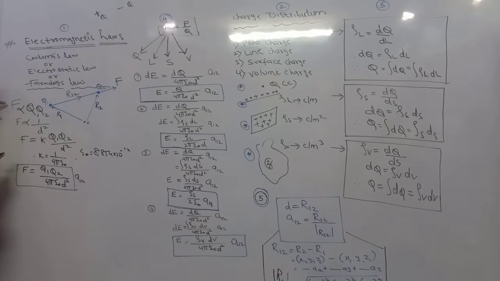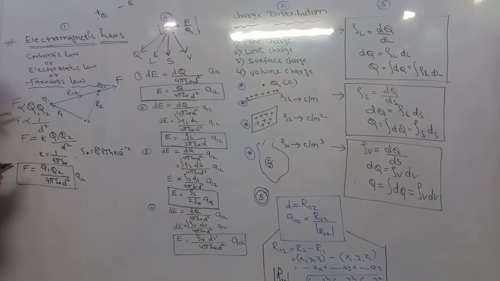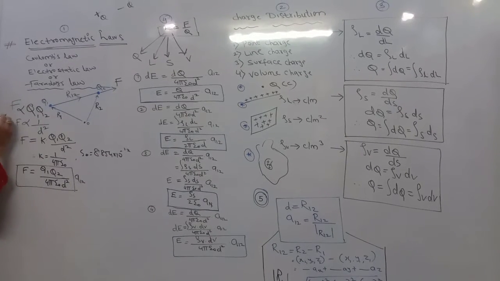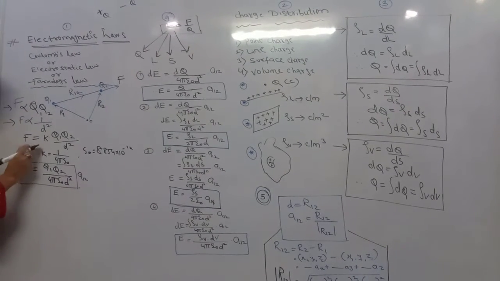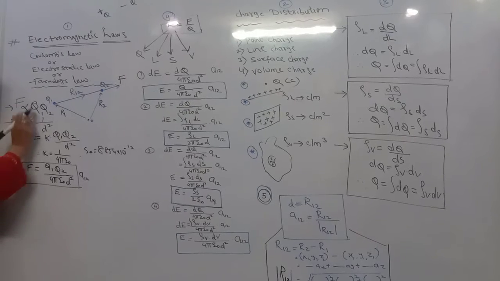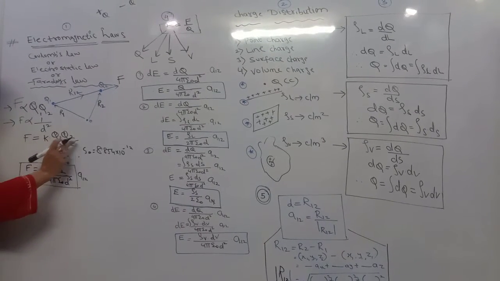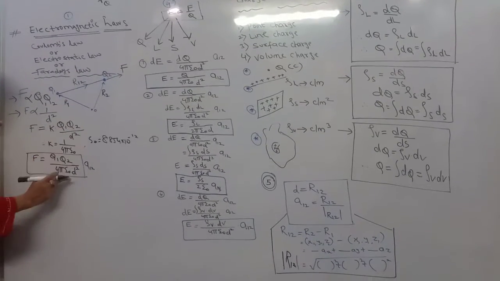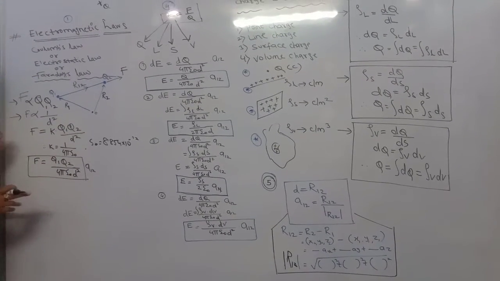F is directly proportional to the charges, and F is inversely proportional to the square of the distance. If you combine these two and avoid the constant of proportionality, you get K into Q1 Q2 divided by d square, whereas the K value is like this if you substitute here, and in this way you can calculate that force.